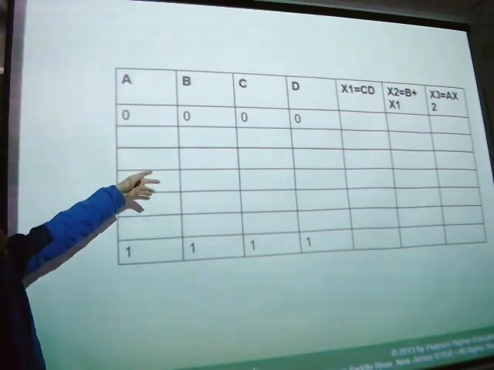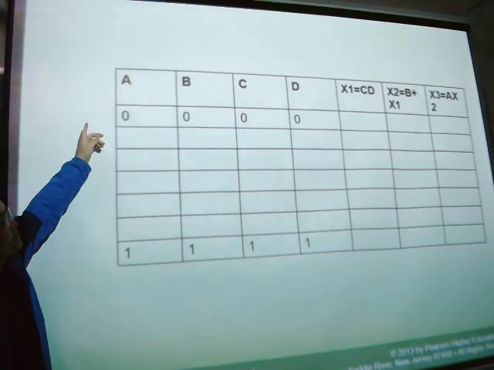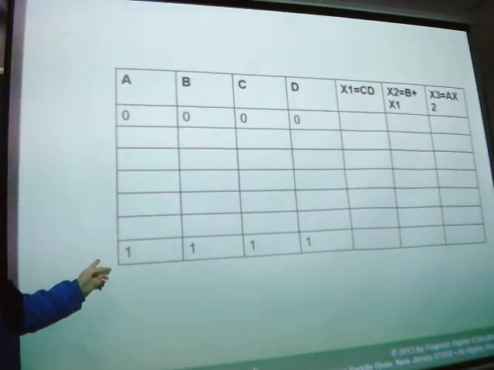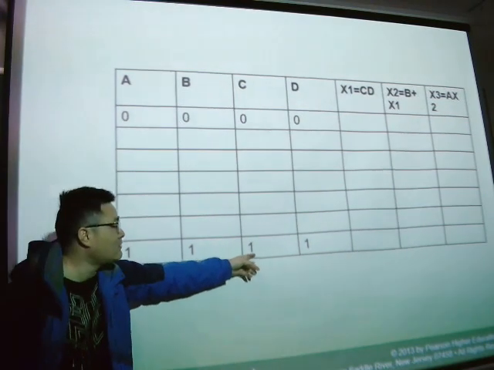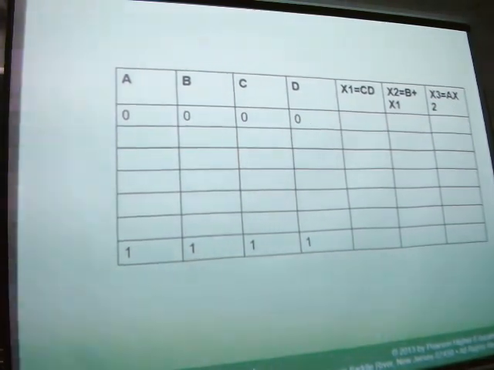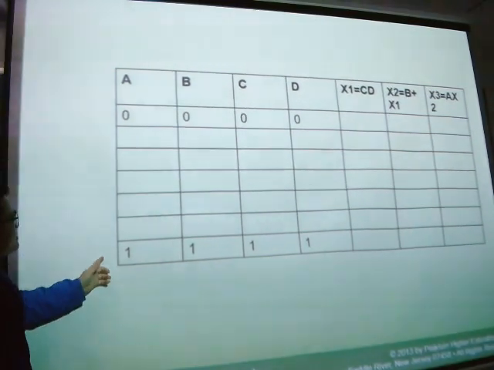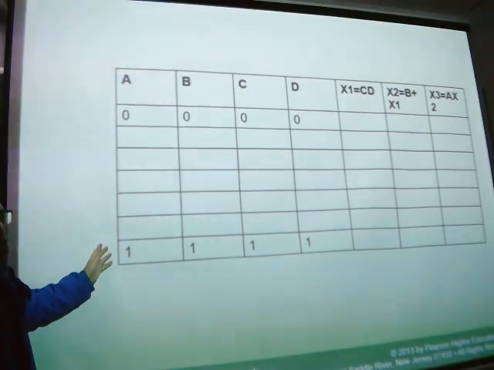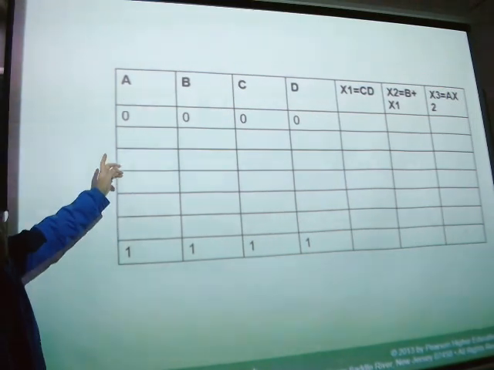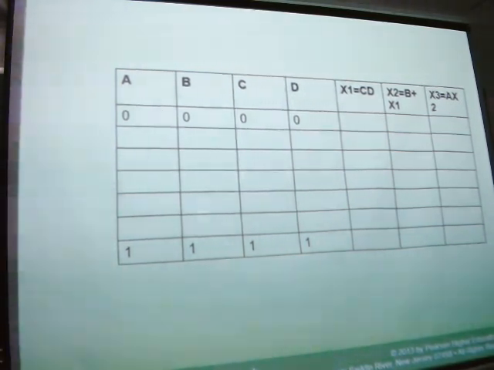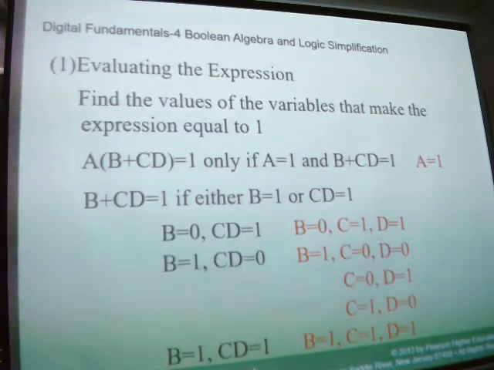For 4 variables, the minimum value is 0, and the maximum value is 15. So there are 16 different combinations for 4 variables. And then first, evaluating the expression.